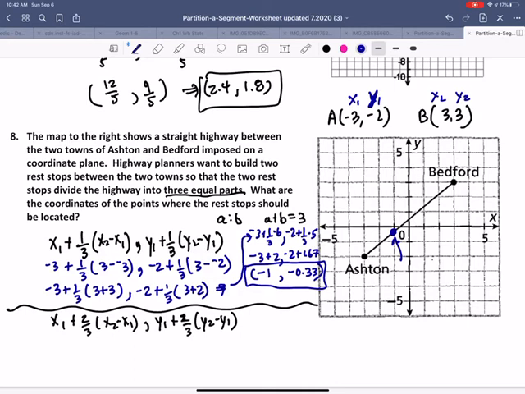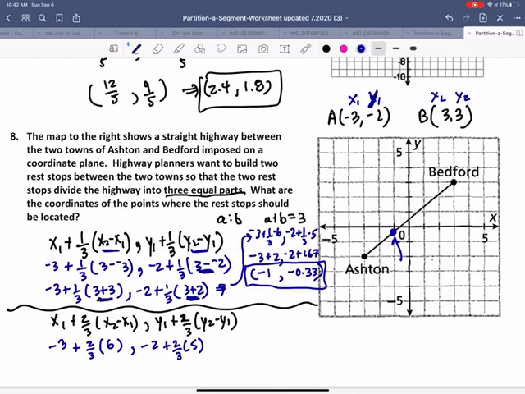So we have -3 plus 2/3. And now we already did this, right? We already subtracted X2 minus X1 above, so we know we're going to end up getting 3 plus 3, or 6. All right, and then X1 is -2, and now we want to go 2/3 of the way there, and we already figured out that X2 minus X1, it would be 5.